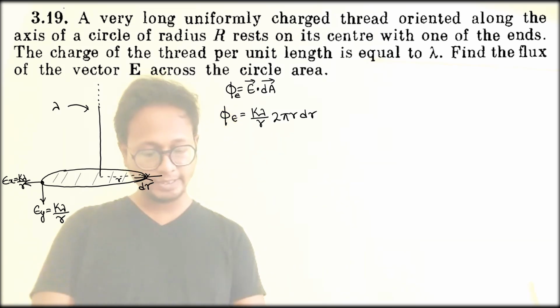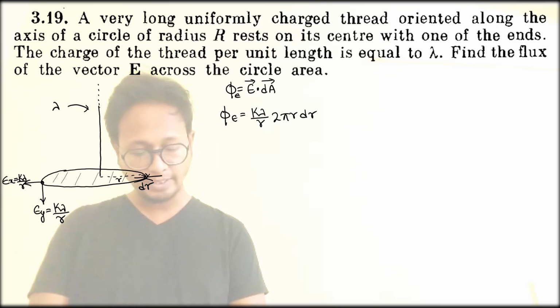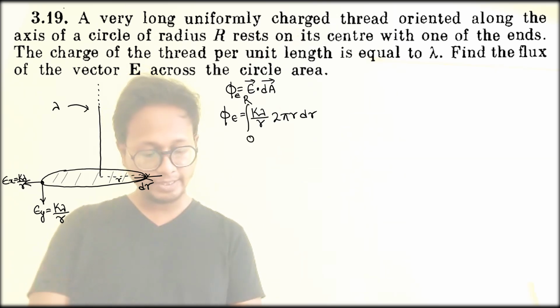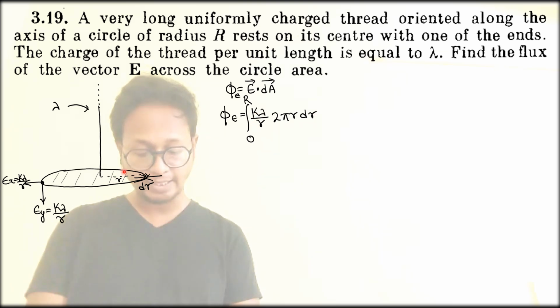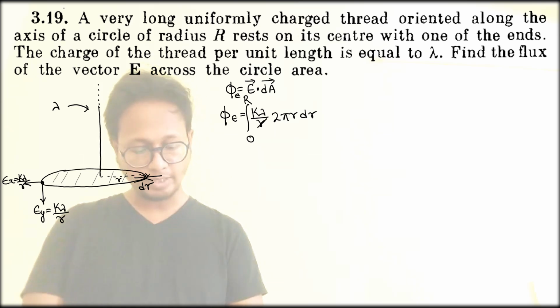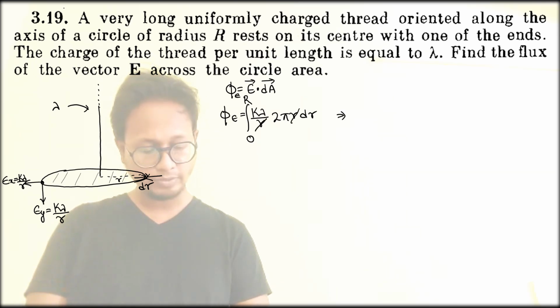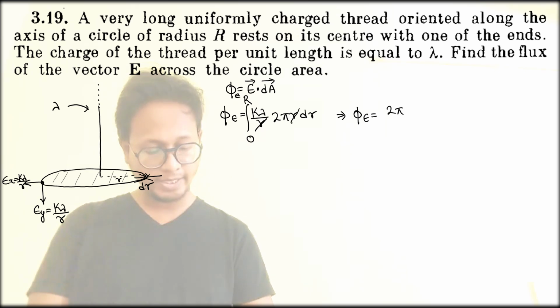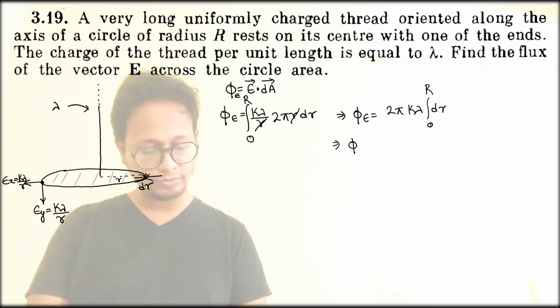Now I have to integrate this entire thing from 0 to capital R, and I'll get the flux throughout the entire circular disc. Okay, so out here r and r got cancelled. So the flux through the entire disc is equal to 2 pi k lambda into the integral of dr from 0 to R, or flux is equal to 2 pi k lambda R. Simple enough.